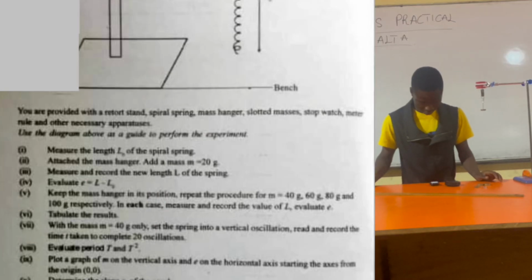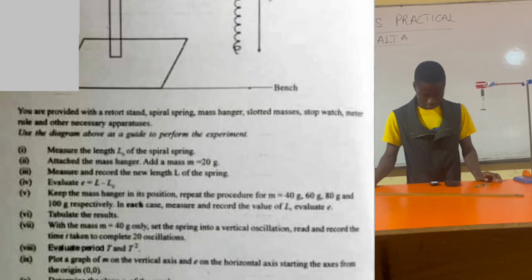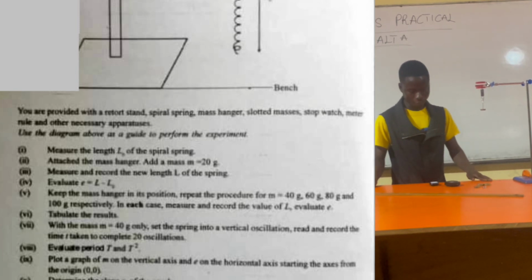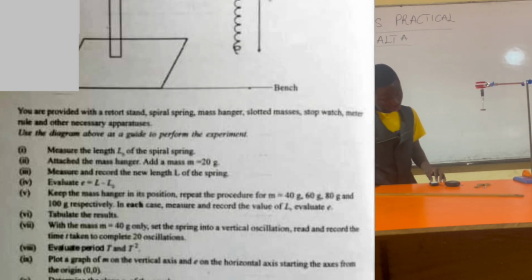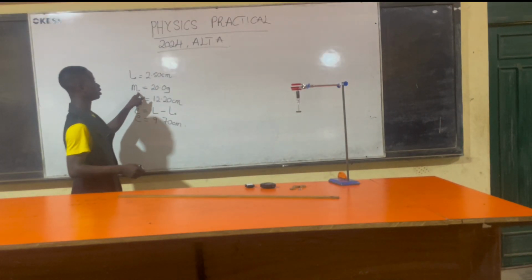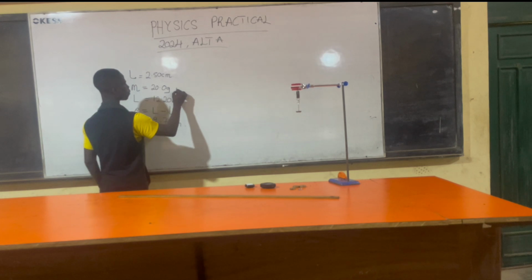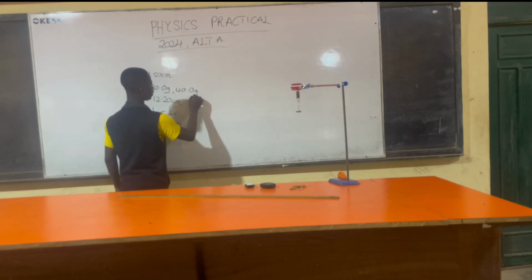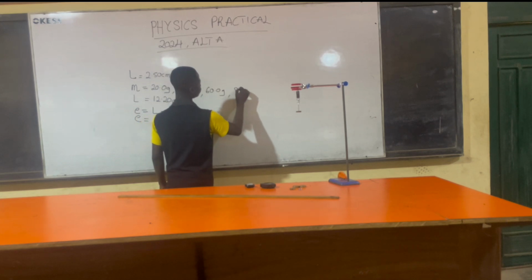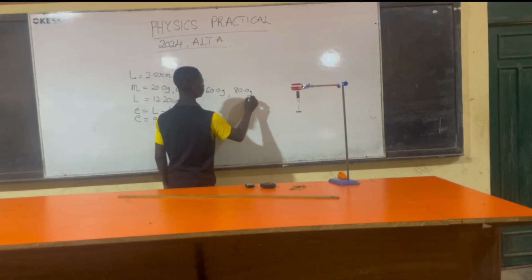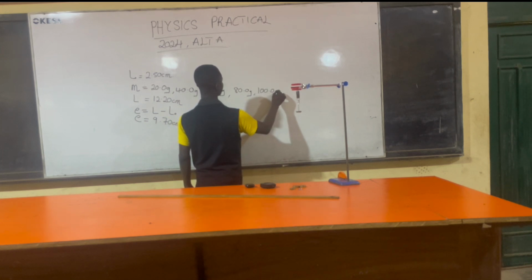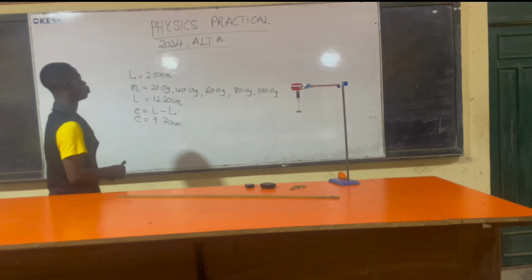Keep the mass hanger in its position. Repeat the procedure for 4 other values of M: 40, 60, 80, and 100 grams. So we have to repeat for 40.0 grams, 60.0 grams, 80.0 grams, and the last one is 100.0 grams.